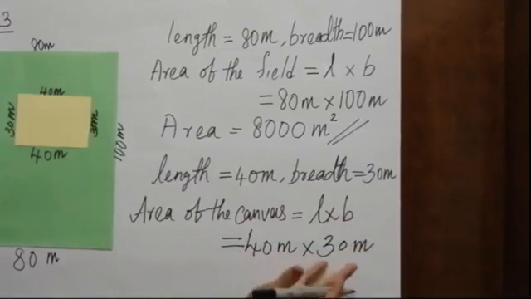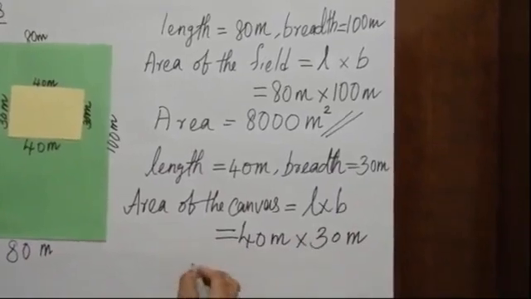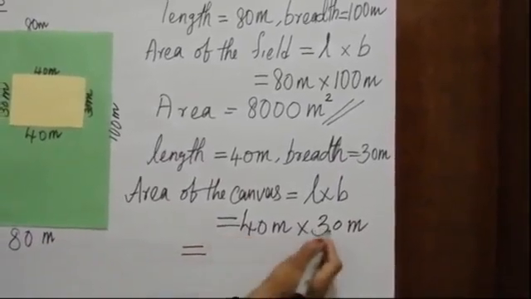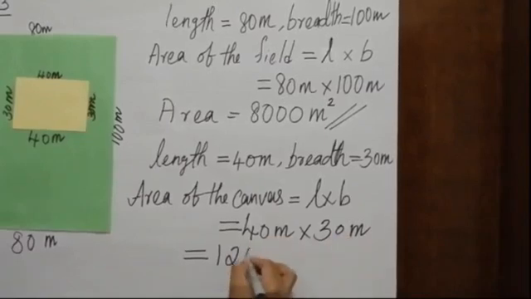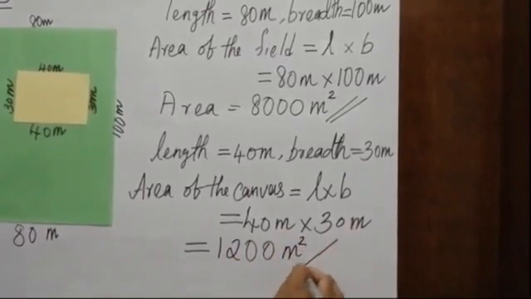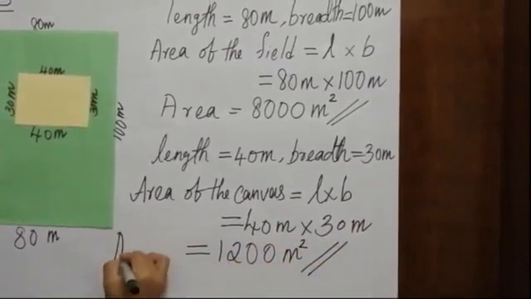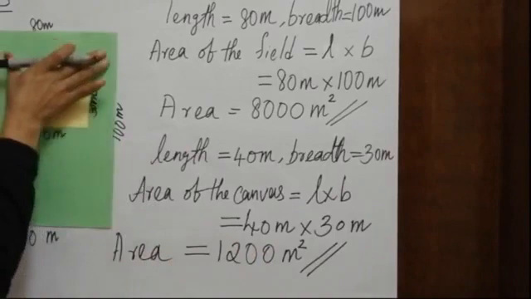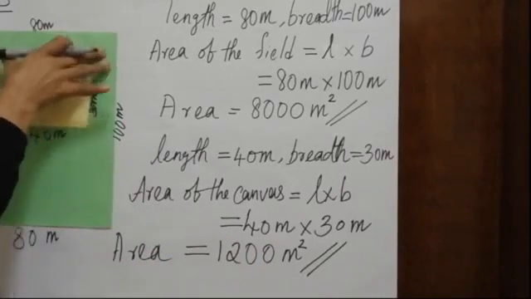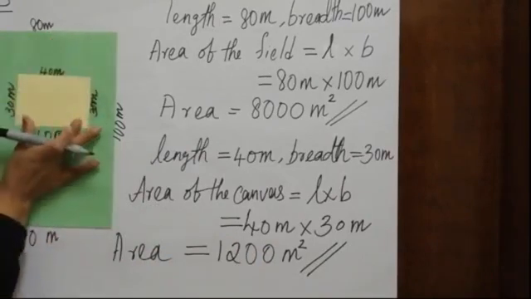Now multiply 4 into 3. Too easy, okay. 4 3s are 12 and add the 2 zeros here. And don't forget to write the unit. So area is equal to 1200 square meter. So we separately find out the area of the field and this canvas.